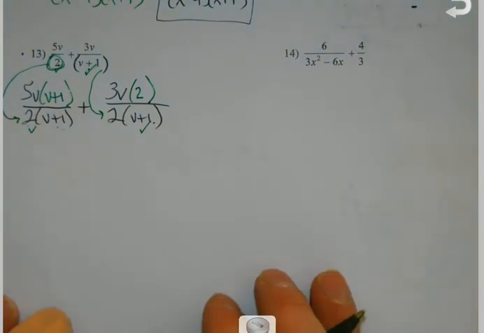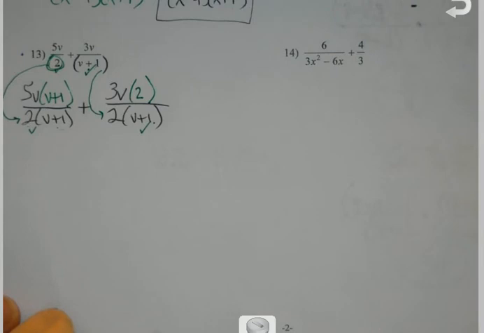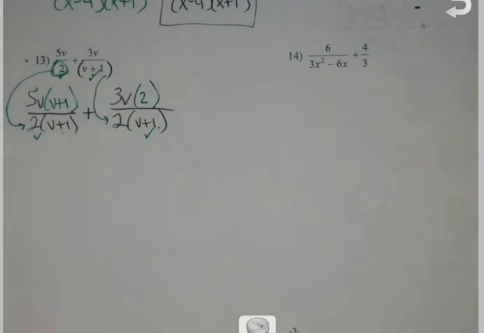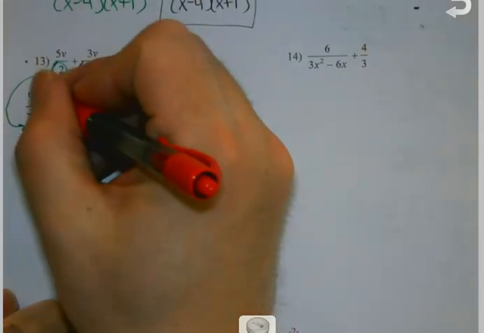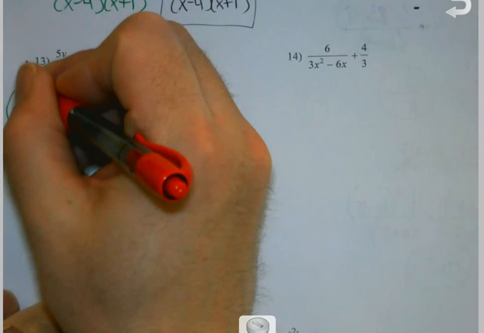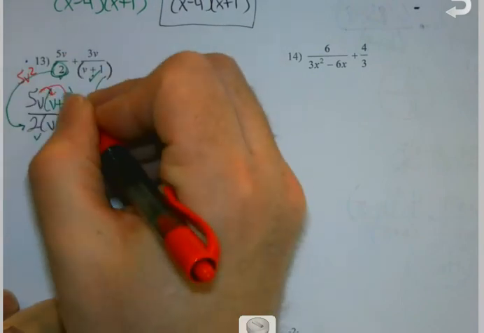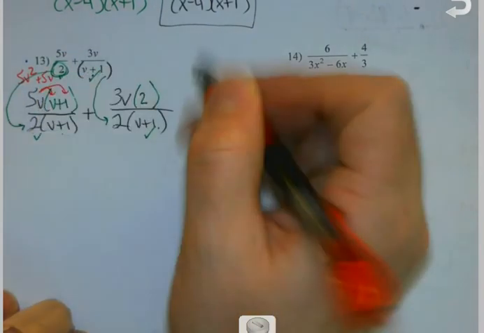Looks like you're just flipping sides from the top. On some problems, that will be the case. It almost looks like I'm doing a cross multiply. And that will occur at times, but it's not going to occur every time, so I'm not going to make that assumption. So when I do these, and again, we multiply it out, we got 5v squared plus 5v.